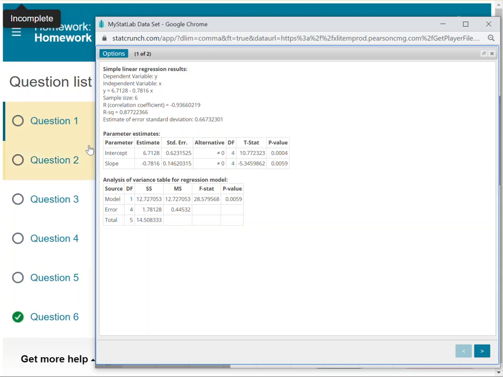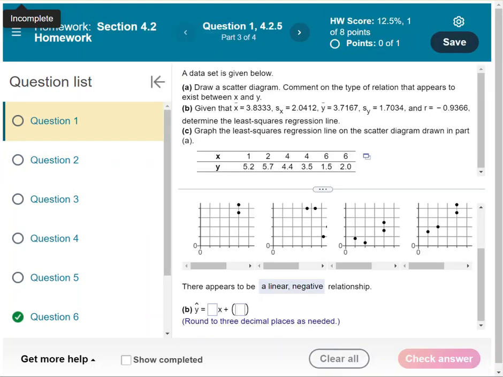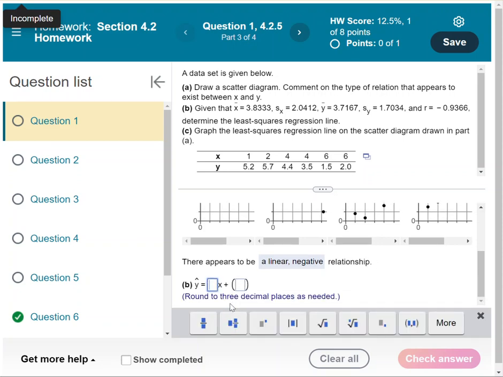Alright, so let's go back to the problem. So x, it's negative 0.782. And now if you put a negative number in here, if it's subtracted, you'll just put in a negative. In this case, it's 6.713.